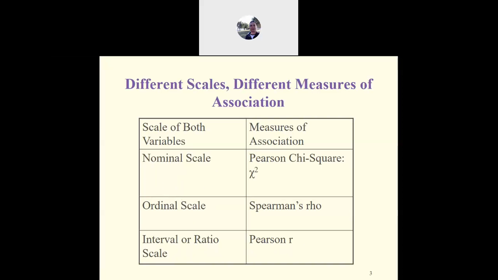From 0 to 0.5, it is a weak positive relation. From 0.5 to 0.7, some books write 0.75, you have a fair, moderate positive relation. Above 0.7 or 0.75, up to before 1, it is a strong positive relation. And you can say the same thing about the negative relation.